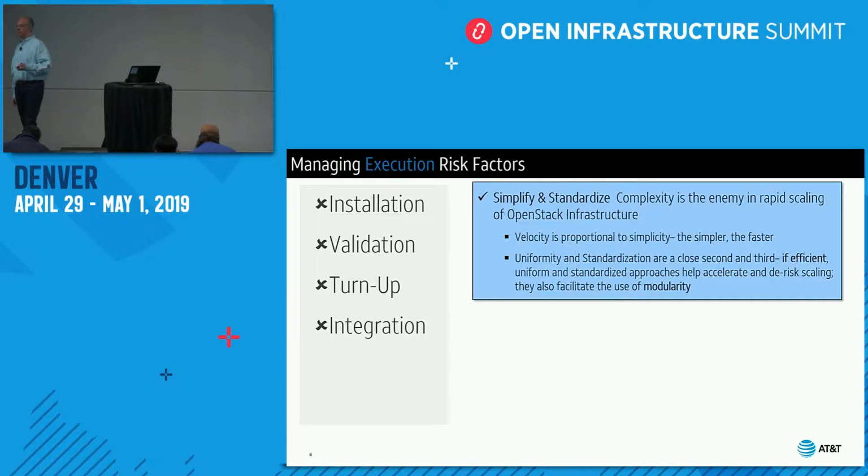If the approach itself is efficient, in other words, you haven't taken a really slow process and tried to adapt it in here, you've got a relatively efficient process already in place, then those uniform and standard approaches will help you accelerate and de-risk your scaling. And they also facilitate modularity.